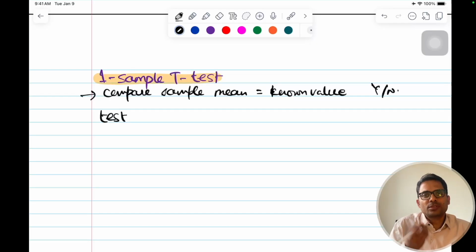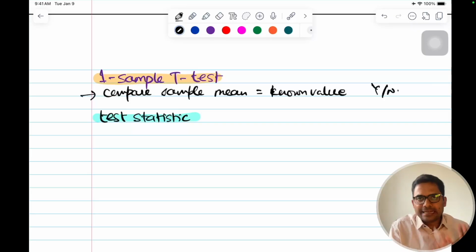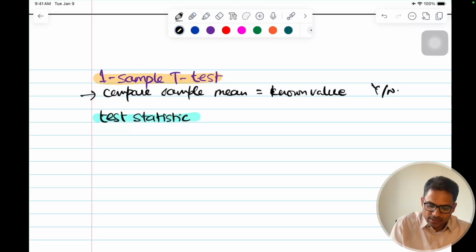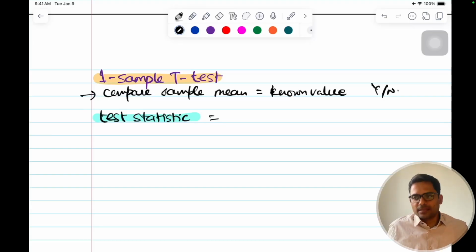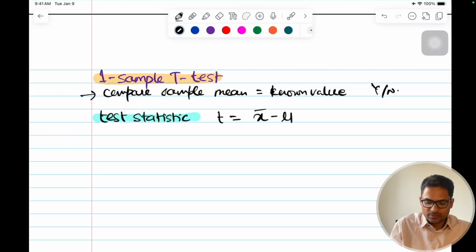Whenever we do a hypothesis test, we always have a test statistic and a formula for it, and this holds across multiple tests. The test statistic for this one sample t-test is t equals the sample mean minus mu, or whatever the hypothesized value is, divided by the standard deviation over the square root of n.